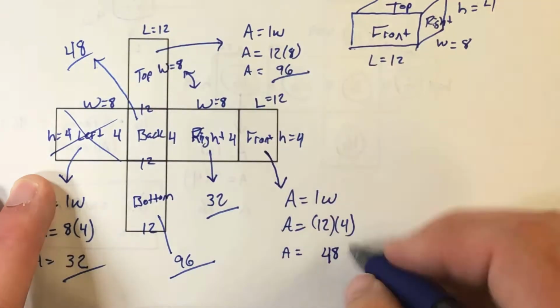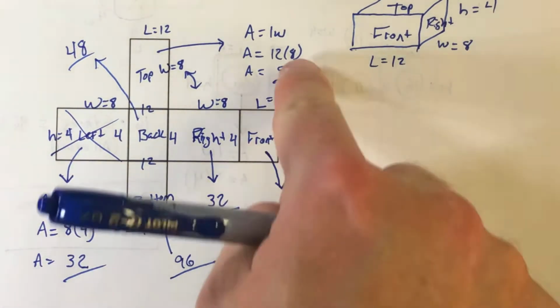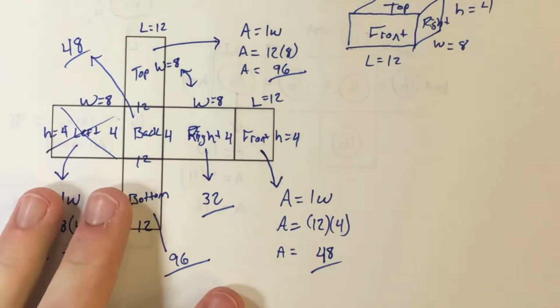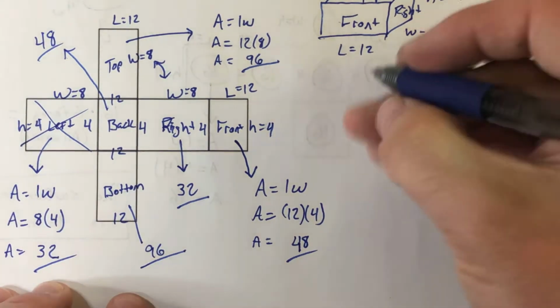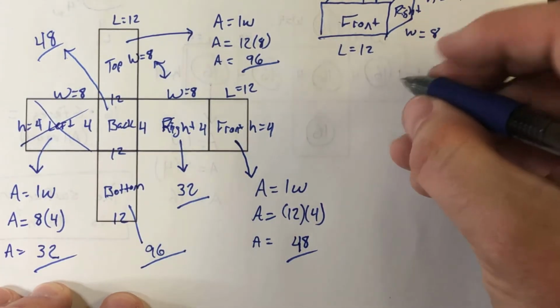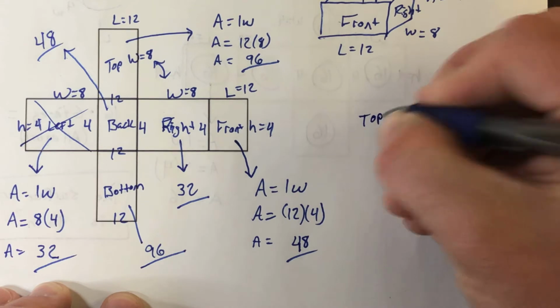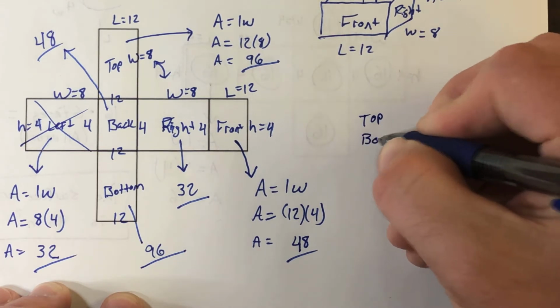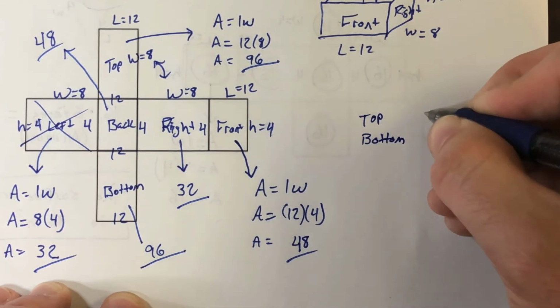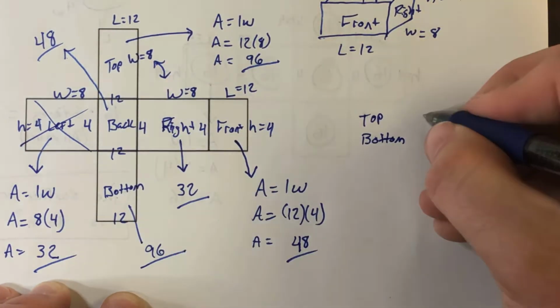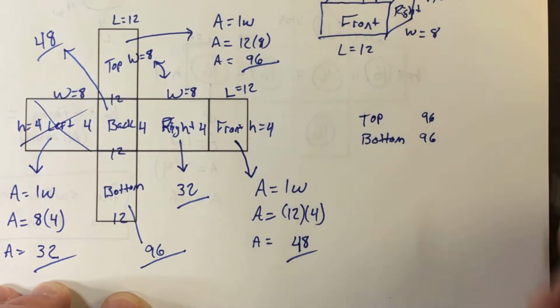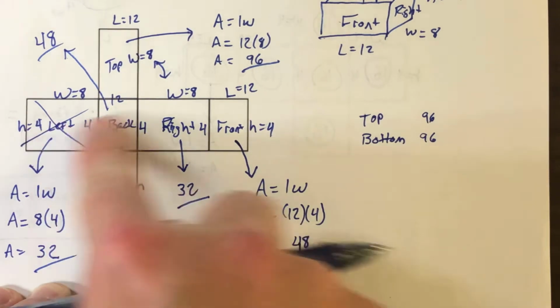So I now have 1, 2, 3, 4, 5, 6 areas. What am I going to do with those? I'm going to go ahead and line them up just to make sure I don't leave any out. So I've got the top and bottom rectangle. The top and bottom are both 96. Then I have the left and right rectangle.